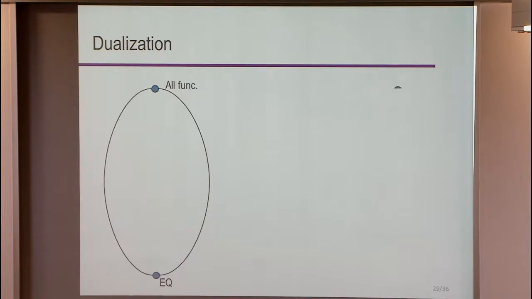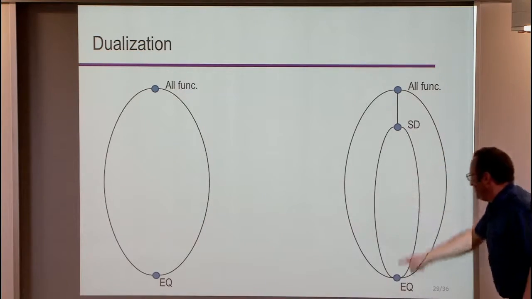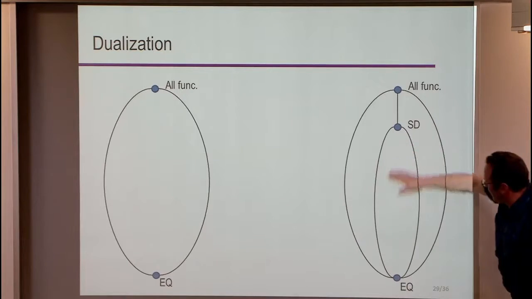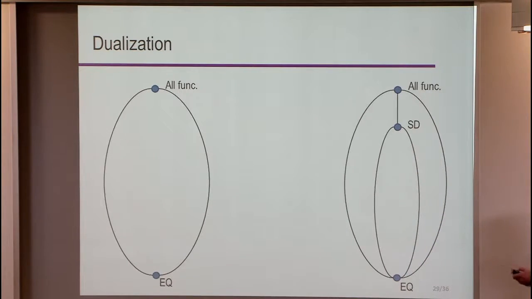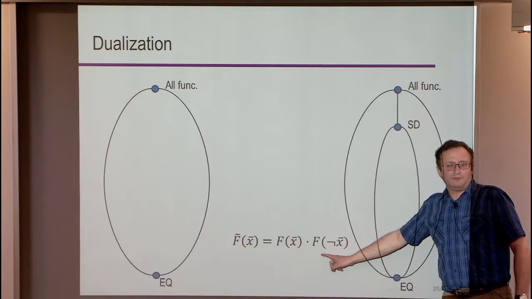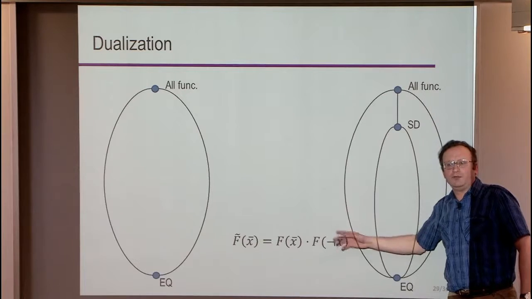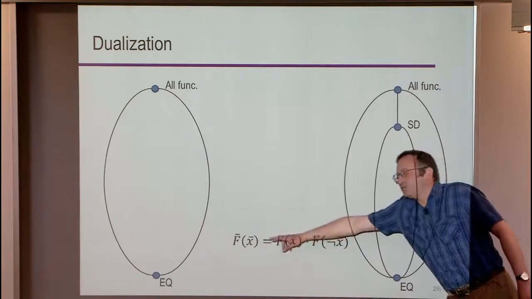Say we have this lattice of all clones, and I take this interval which starts at SD and goes up to everything between SD and equality. What I can do is convert any function to a self-dual one, just by flipping all variables and multiplying. Clearly, this one is self-dual.